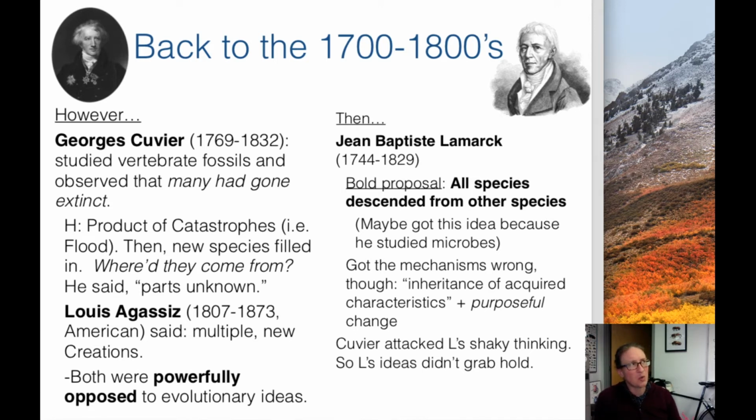And because he had some holes in his thinking, that left him very vulnerable to attack by other scientists who were more vocal and eloquent in arguing their position. So Cuvier attacks Lamarck's shaky thinking, and Lamarck's bold ideas really didn't grab hold at the time.